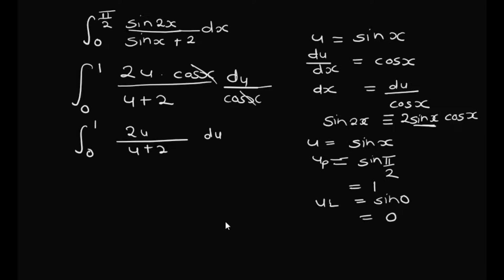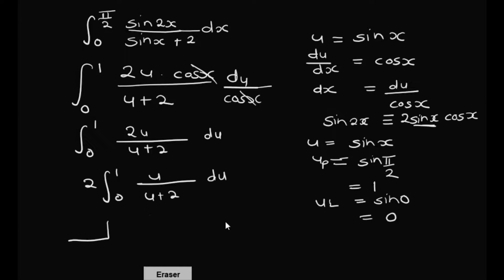But we cannot solve this yet. We need to divide to simplify so that we can integrate it. We can factor out 2 and say the integral from 0 up to 1 of u over u plus 2 du. So u plus 2 into u, we can use long division.